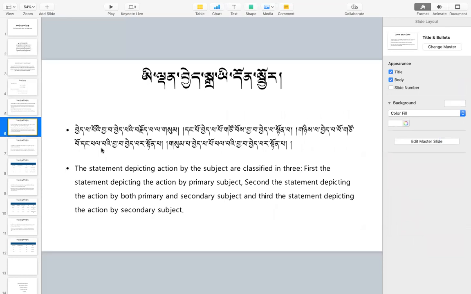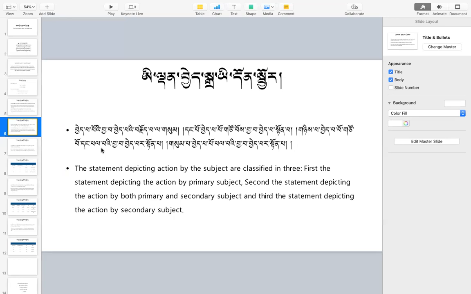The statements depicting action by the subject are also classified in three. So even the usage case which is directly stated in the text has three variations. It has three variations because these three statements have different narration and function to show different meaning, different meaning as in the context, but ultimately all of them are showing an action done by a subject.